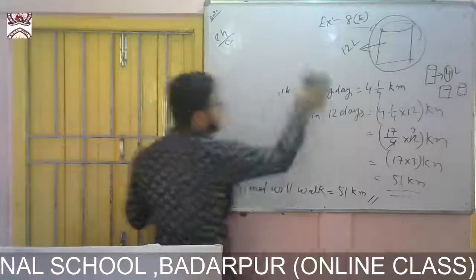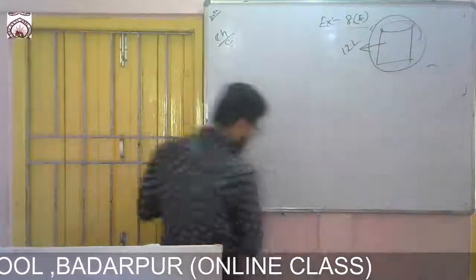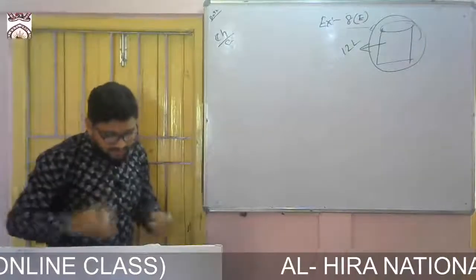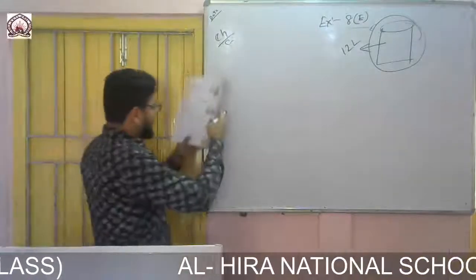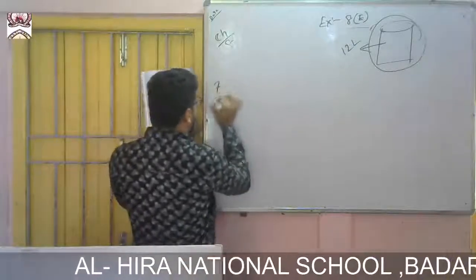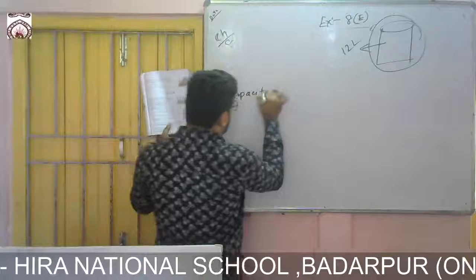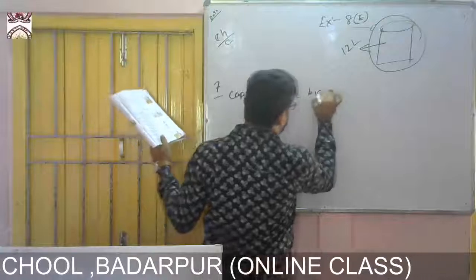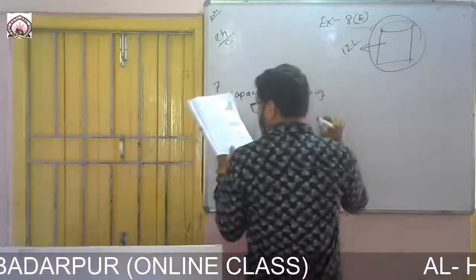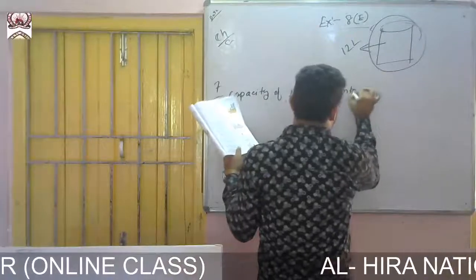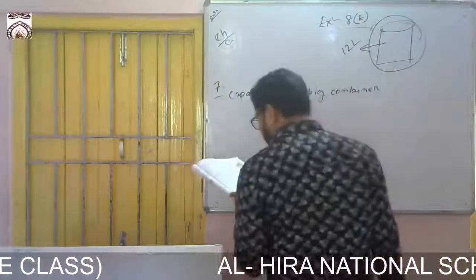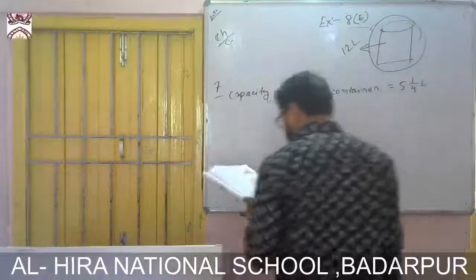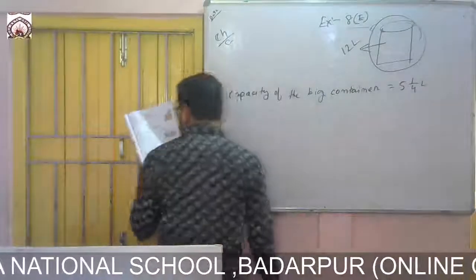Now write: capacity of the big container equals 5 1/4 liters.